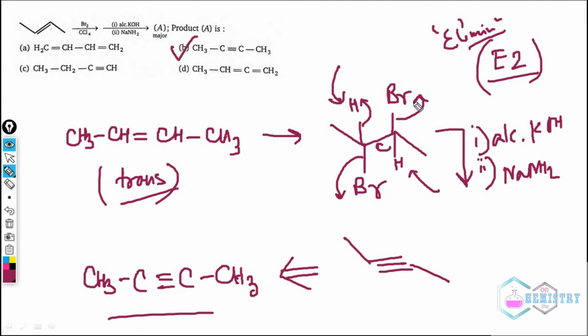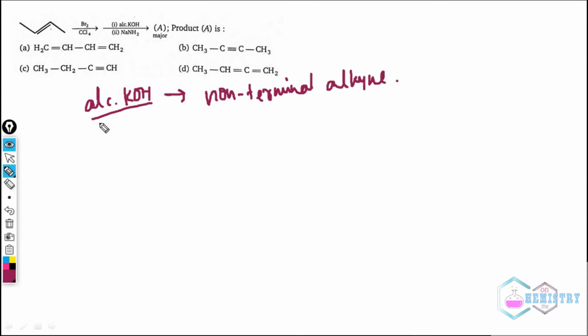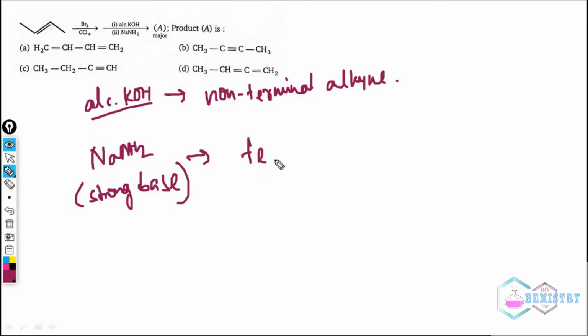If you have any doubt on this part, let's go back and discuss it a little more. Now, alcoholic KOH prefers the alkyne to be non-terminal, and NaNH2, being a strong base, will prefer to form a terminal alkyne.